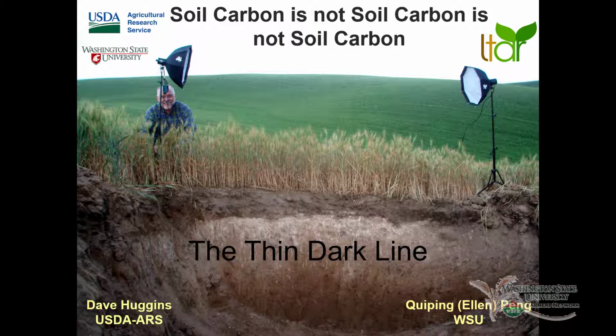Even looking at this particular soil, you can see the dark layer up here. This is definitely enriched in soil organic matter, right? That's that dark color that we see. This is also enriched in carbon. It's just a different kind of carbon. It's inorganic carbon, so it's calcium carbonate in this case. That's that whitish color that you see here.